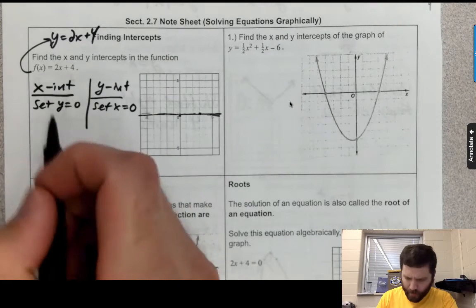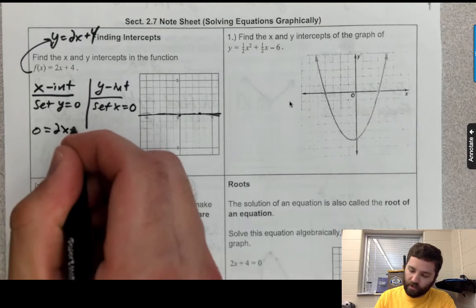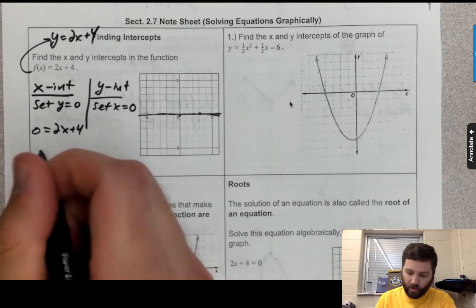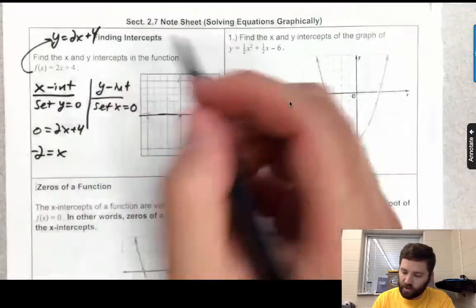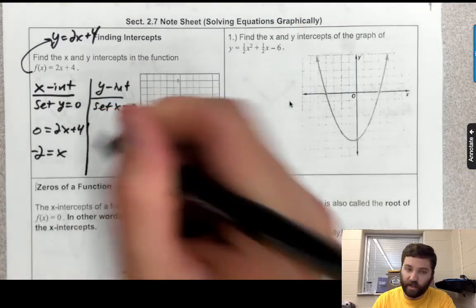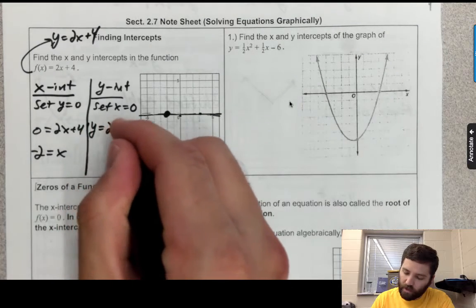So to find the x-intercept, we can set 0 equal to 2x plus 4. When you solve that, you'll get negative 4 divided by 2, which is negative 2. So x equals negative 2. So where's our x-intercept? It's right here. How about the y-intercept? Well, that's if you set x equal to 0. So we will get y equals 2 times 0 plus 4.